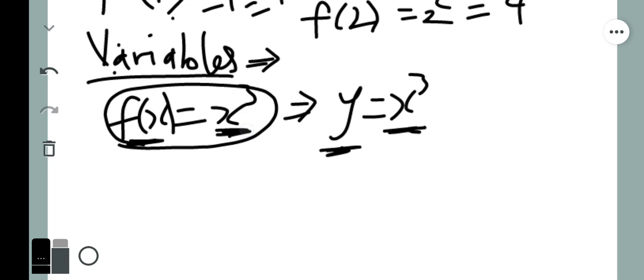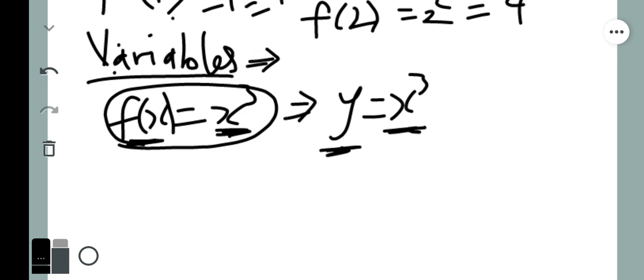So we already know what a variable is, but there are also types of variables, and you need to know this very well as a mathematician because you are going to apply it in different scenarios in mathematics.